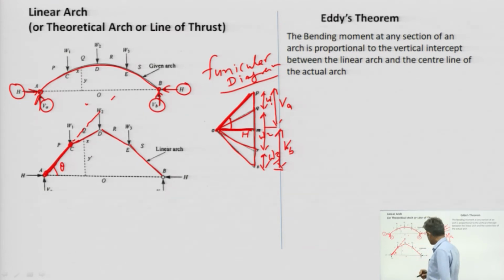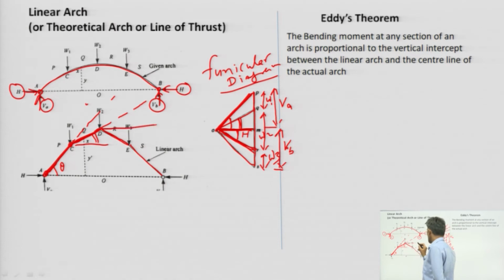Next member CD. Its slope will be the same as for ray OQ, and we will get the next member CD. Then member DE can be located with this ray OR, and the slope is this one.